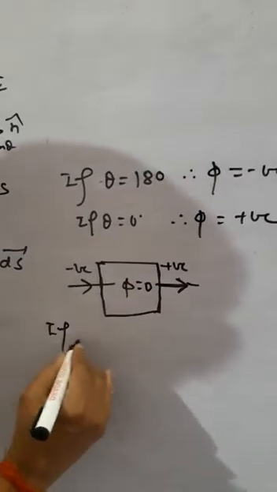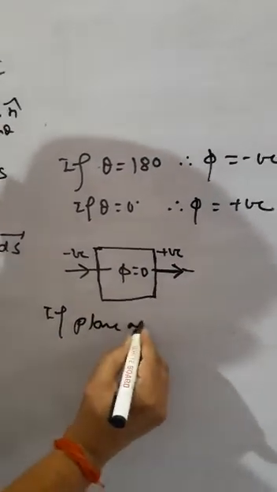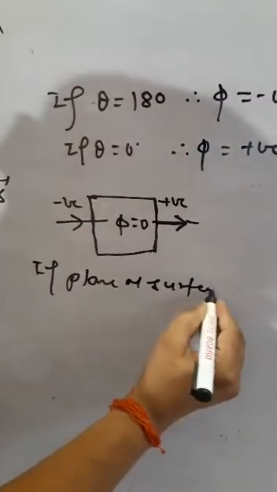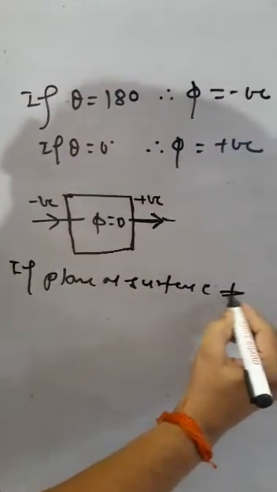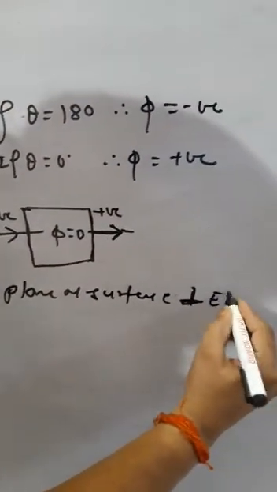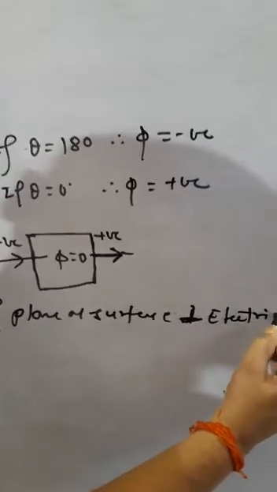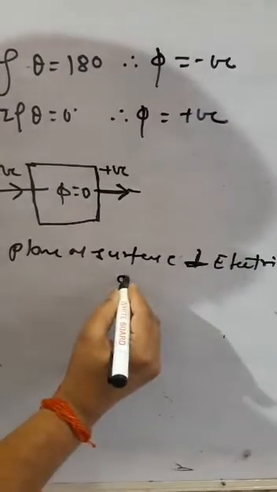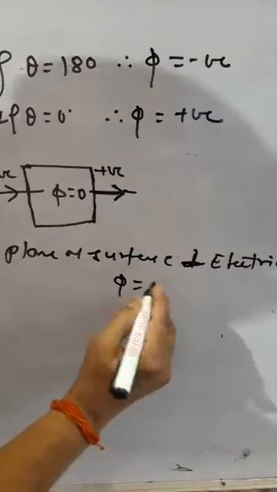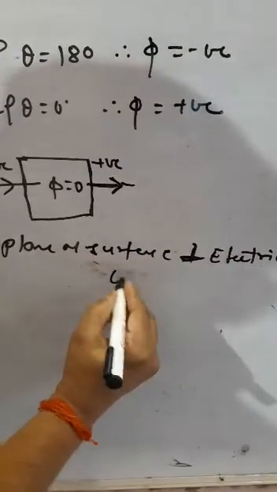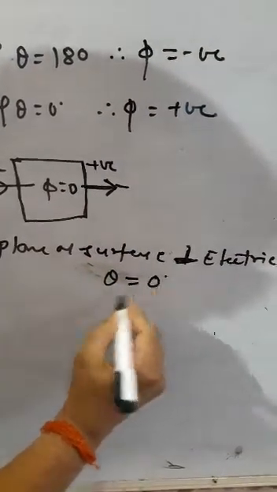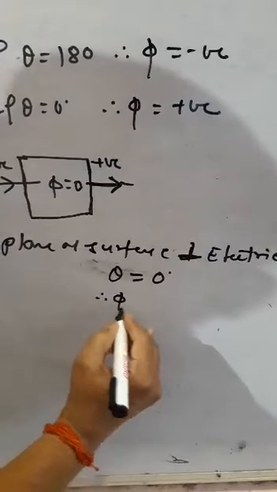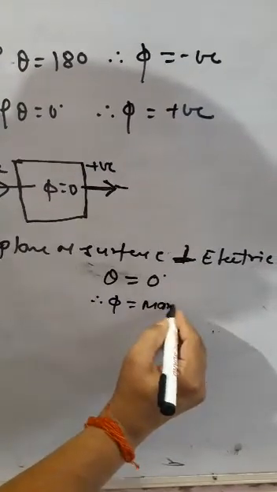If the plane of the surface is perpendicular to the electric field, then theta equals 0 degrees and flux phi is maximum.